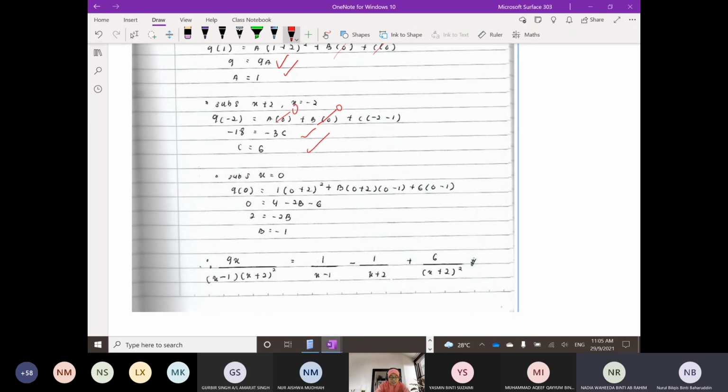On the left hand side it will be equal to 0, but on the right hand side we will have the value. So on the right hand side, when we sub x equals to 0, we will get 4 minus 2b minus 6. Then when we solve, we will get b equals to negative 1.